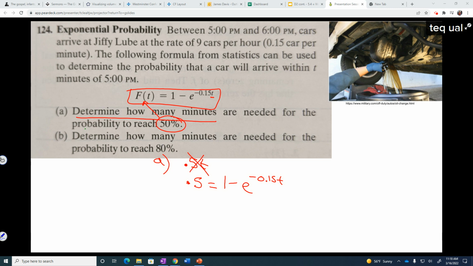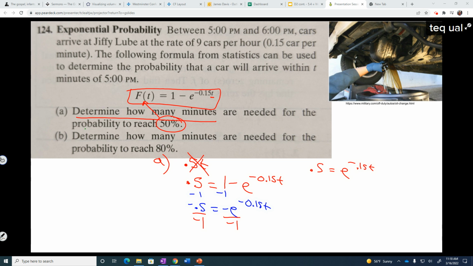Move the 1 over, right? Subtract 1. Yep. And after you get the hang of this, they're all pretty easy. They're all relatively the same. Then we divide by negative 1. Go to the negative. We get 0.5 equals e to the negative 0.15t.